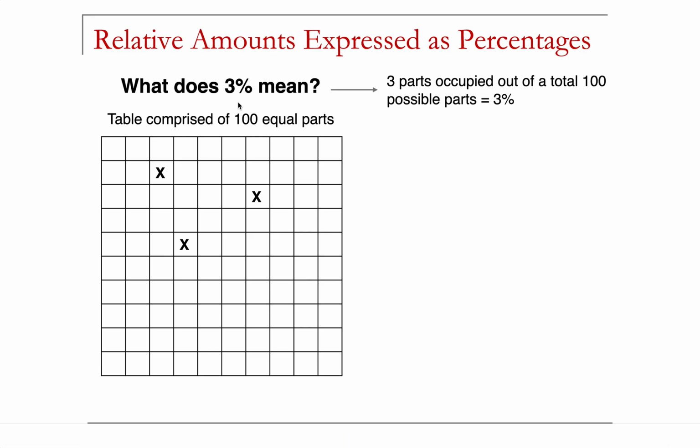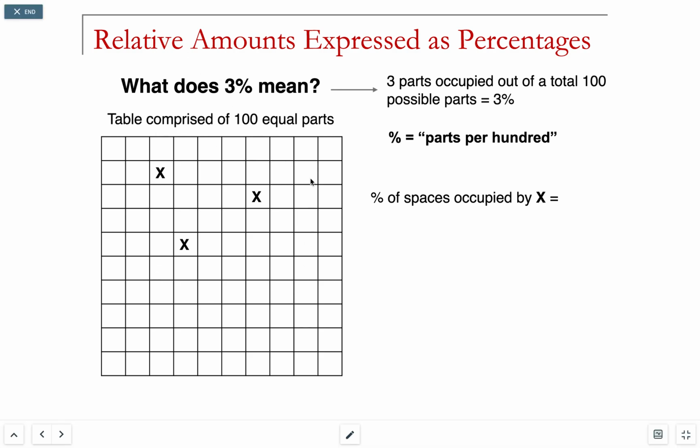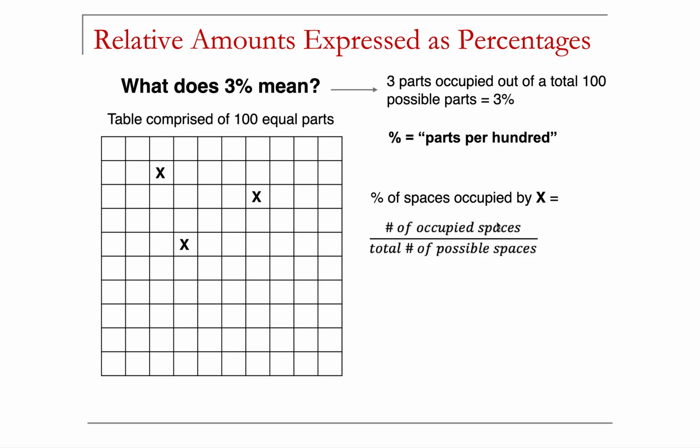It's 3%. Now, you can calculate the percentage through a general formula, even if you don't have 100 equal parts to begin with. The way this is done is the following. The percent of spaces occupied, let's say by X, is equal to a fraction.